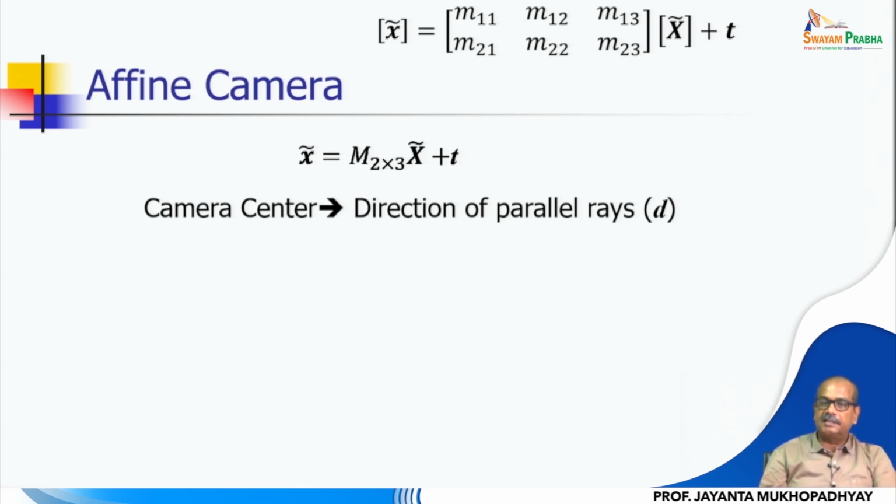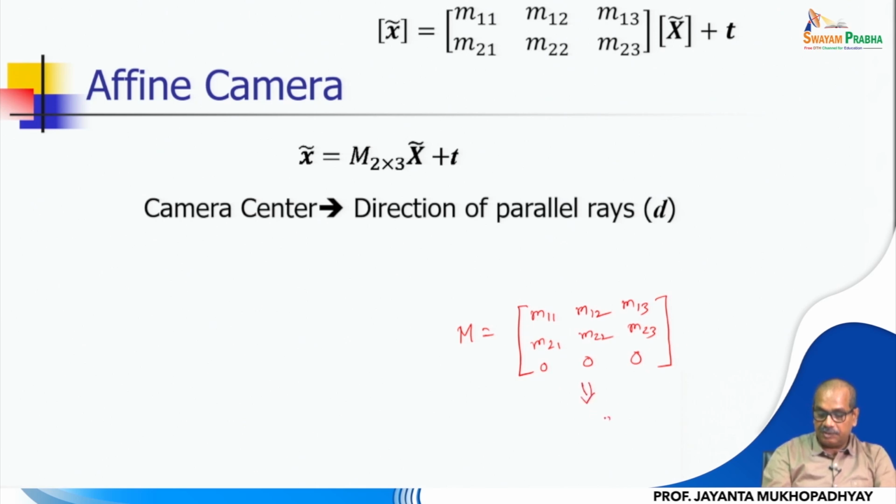Now, this M is singular, because if I note the structure of M, you will find that it is M11, M12, M13, then M21, M22, M23, and the last row is 0, 0, 0. So this is that 3 cross 3 submatrix. So naturally the determinant is 0, and which is singular.